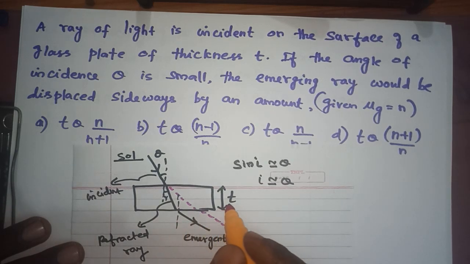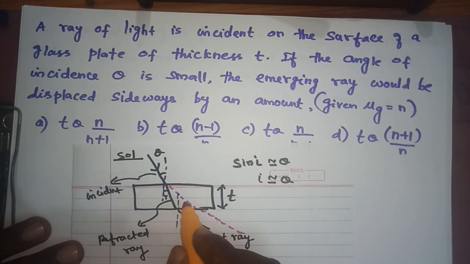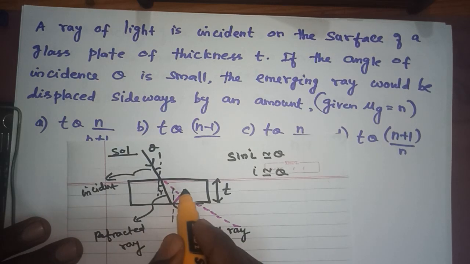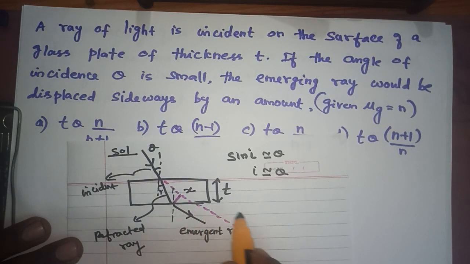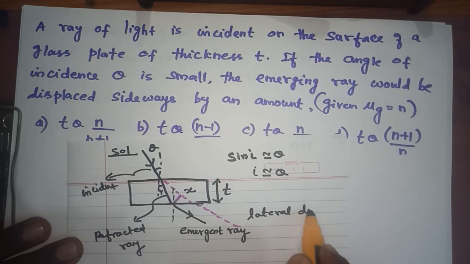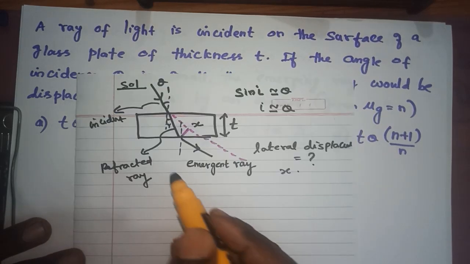So we have to find out how much it is displaced sidewards. This is the lateral displacement. This distance x you call the lateral displacement, and that is what we want to find.